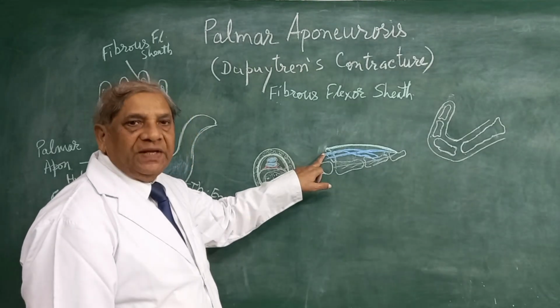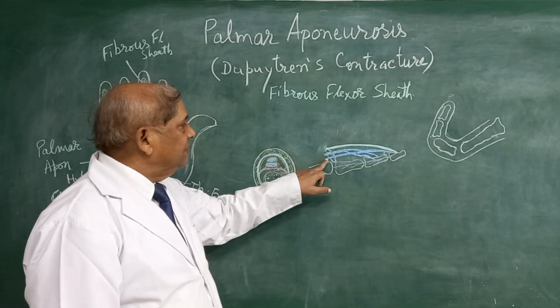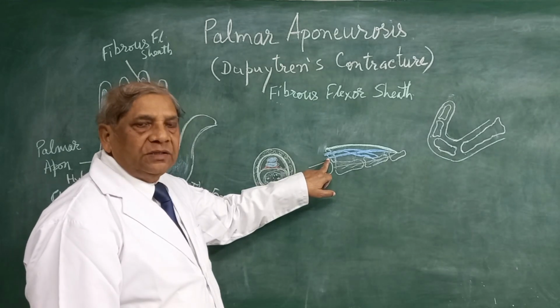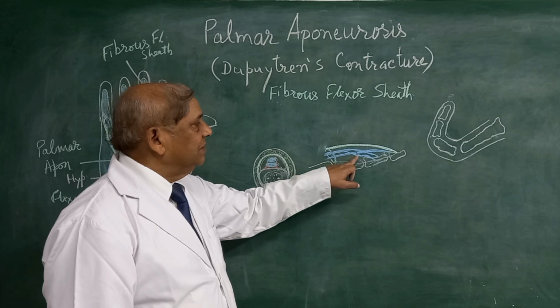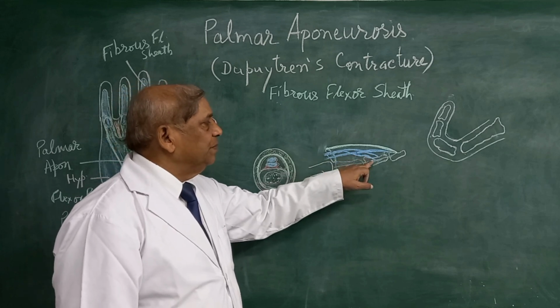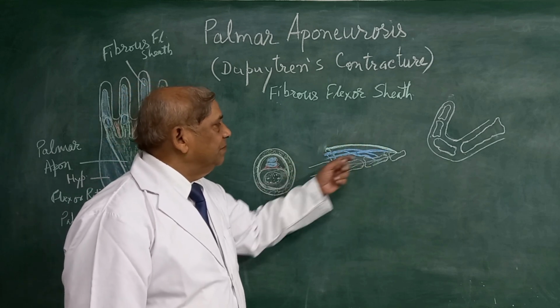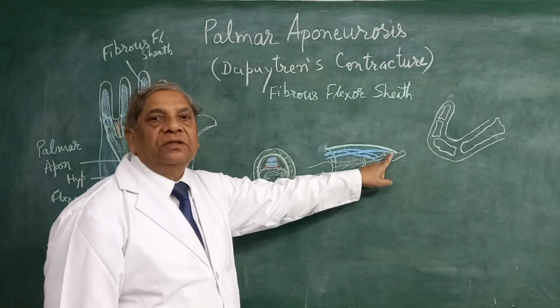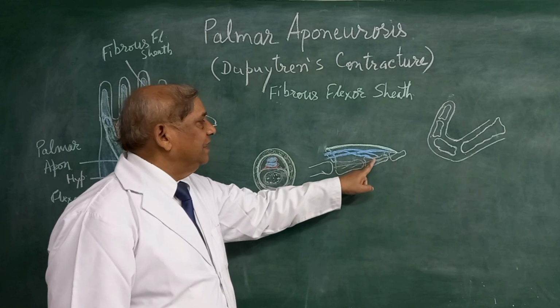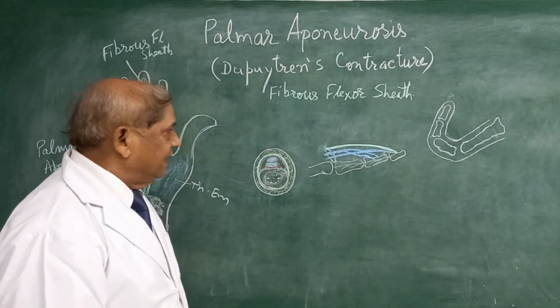The superficial tendon is flexor digitorum superficialis, and the deep tendon is flexor digitorum profundus. As you know, flexor digitorum superficialis splits, and through this split portion the flexor digitorum profundus goes to attach on the distal phalanx, while the superficialis attaches onto the middle phalanx.